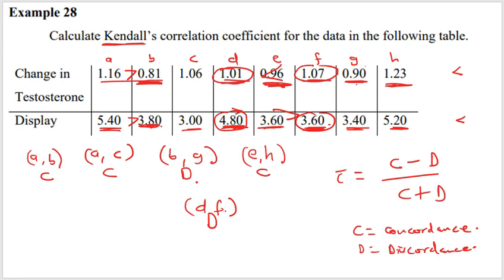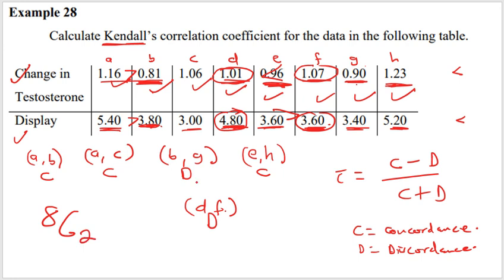Now, to know the number of pairings, let's count the number of observations. We have 1, 2, 3, 4, 5, 6, 7, 8. There are 8 observations. And since we are dealing with 2 columns, change in testron and display, the number of combinations is going to be 8 combination 2.